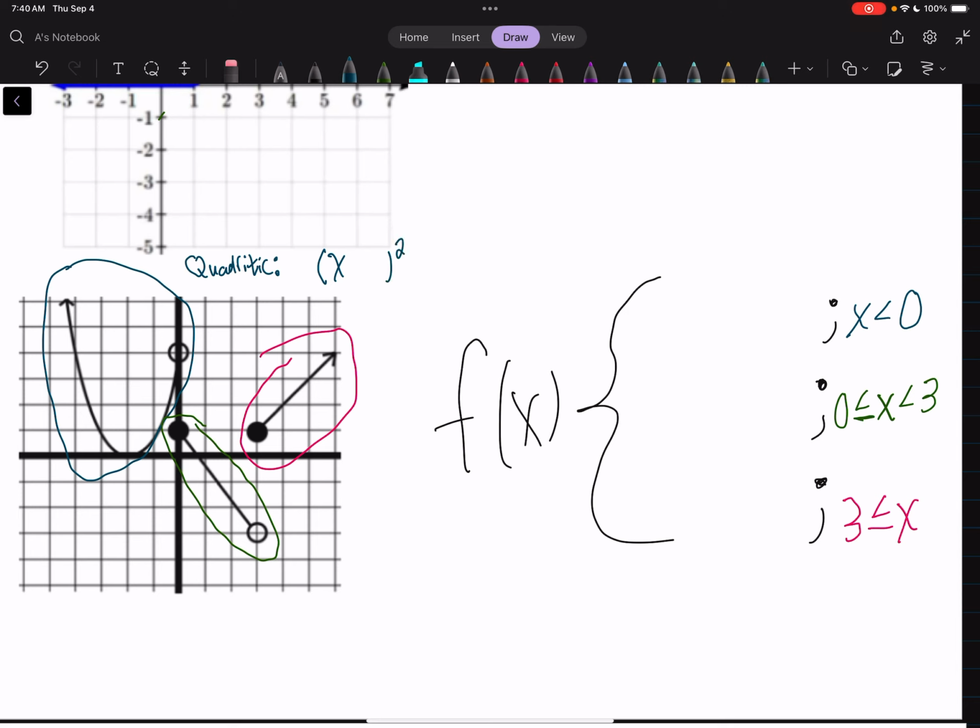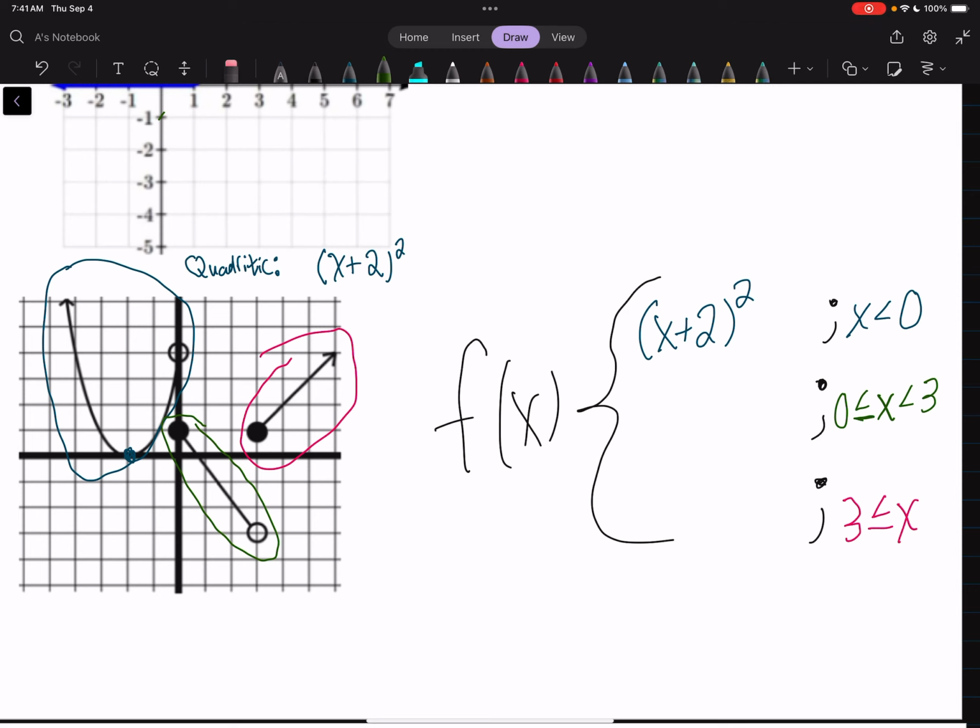I'm going to look now at the vertex of this quadratic. My vertex is at the coordinate -2, 0. That is a horizontal translation to the left 2 units. So inside with the x, I need to put +2. The blue equation is (x+2)^2, where x is less than 0.